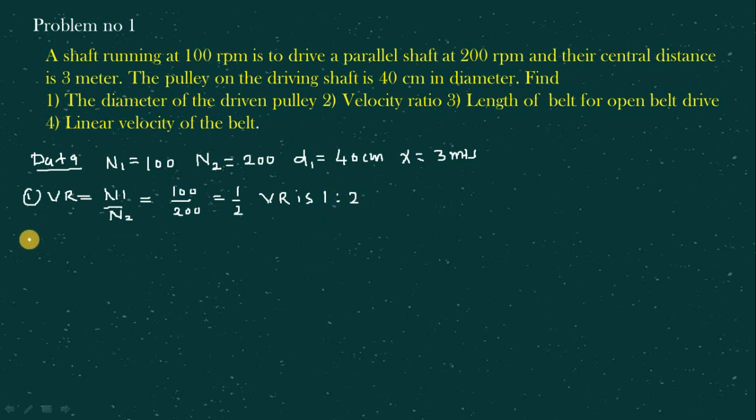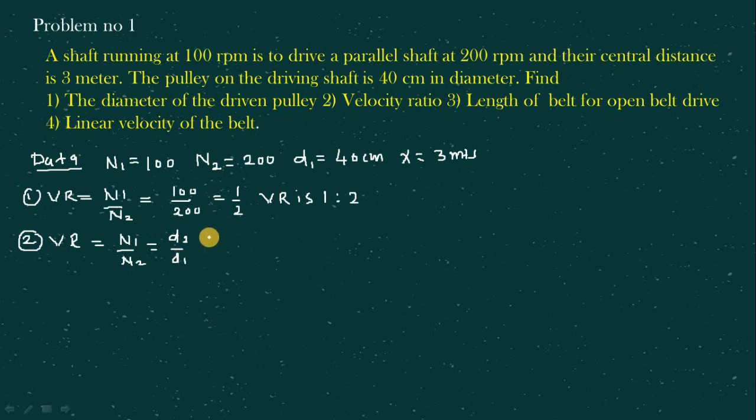To know the diameter of the driven pulley, again we make use of the formula. Velocity ratio is equal to n1 by n2. We know this is equal to d2 by d1.